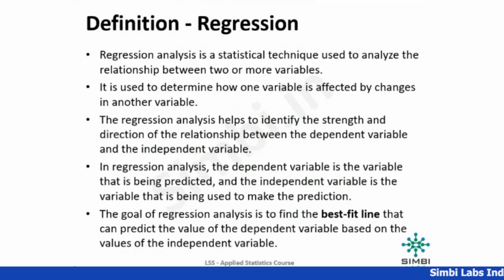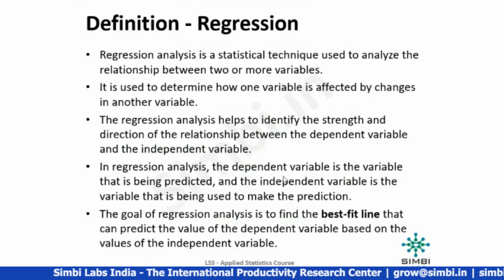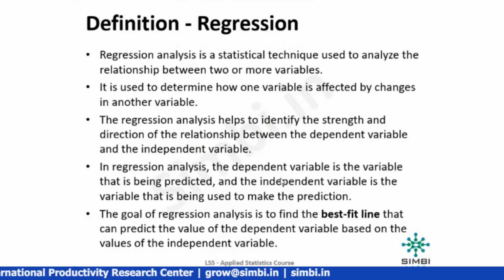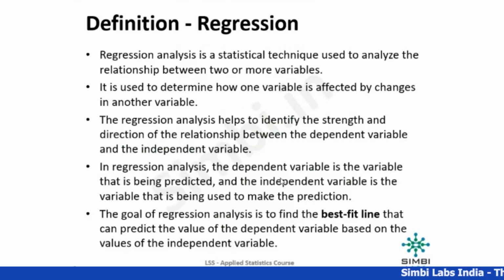This regression analysis helps to identify the strength and the direction of the relationship between the dependent variable and independent variables. By using this regression analysis, we can find the best fit line that can predict the value of the dependent variable. For example, consider a hospital where patients are waiting for the doctor's visit.